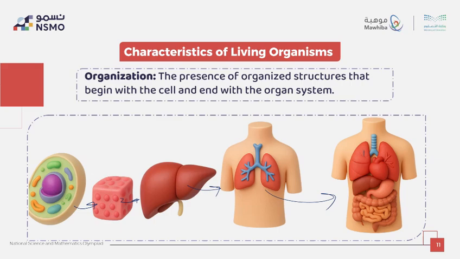Example, in humans, nerve cells give us nervous tissue, give us the brain as an organ, give us the nervous system. Another example, in plants, mesophyll cells in a leaf, mesophyll tissue, give us the leaf organ, the shoot system. Non-living things like water or air do not show this type of biological organization. So having these levels from cell to system is a key characteristic of life.